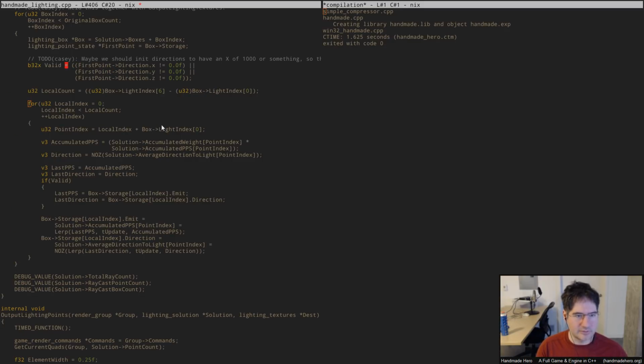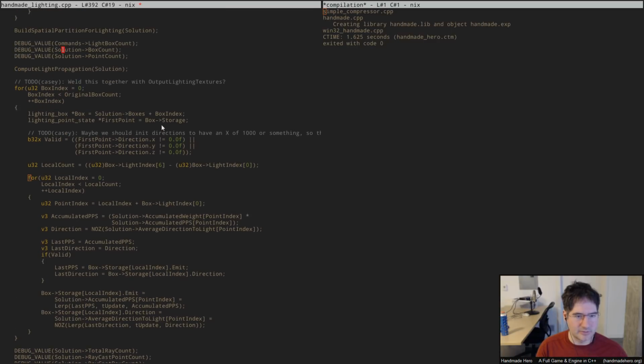Valid is only there to see whether or not the original values were usable. So I don't know what's going on there. Yeah, that was just dumb. Yeah, that was just straight up dumb.